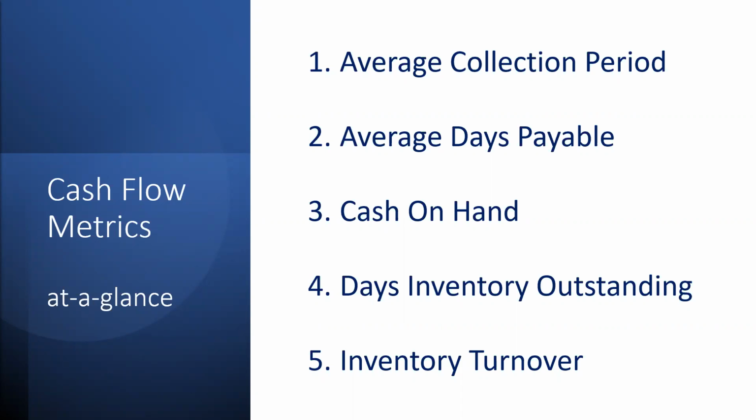So again, is it seasonal? Is it industry related? And take a look at, one, how many days does it take to sell different pieces of inventory, and then how quickly does it turn over? And that little inventory spreadsheet in the templates that I gave you can help you analyze that.